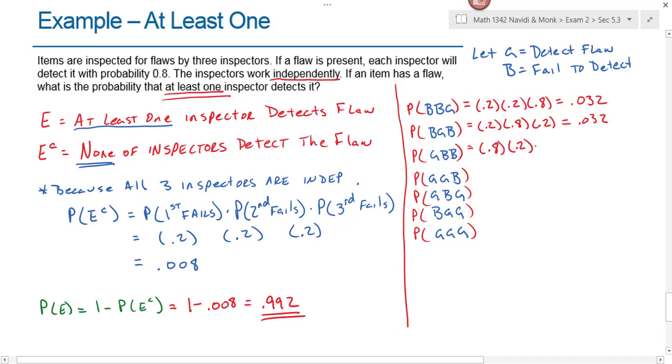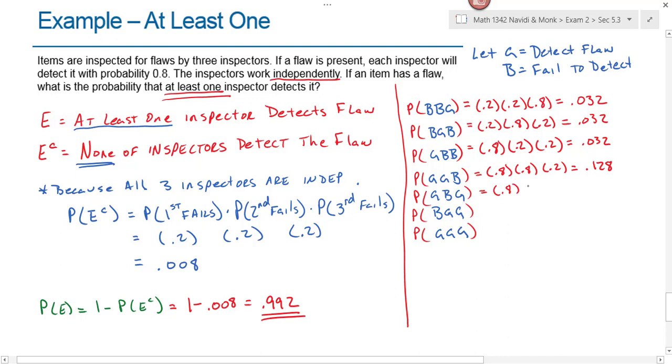And same thing here, good call times bad call. Because these are independent, I can multiply like this, right? All three of my inspectors we said are independent of each other. Now the probability of good, good, bad is going to be 0.8 times 0.8 times 0.2. Well, that's 64 times 2 is 128, so that's 0.128. Is that right? And I'm okay on this one.